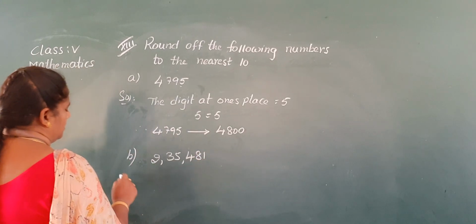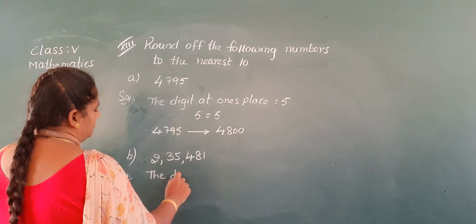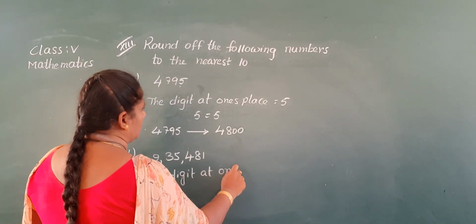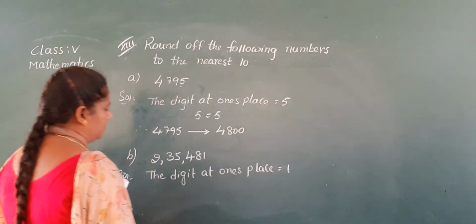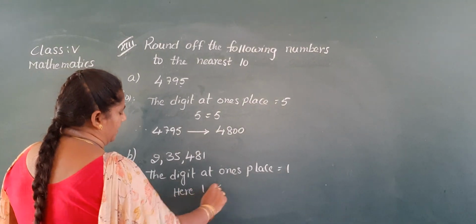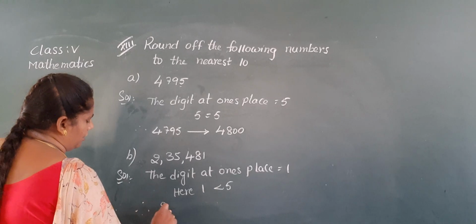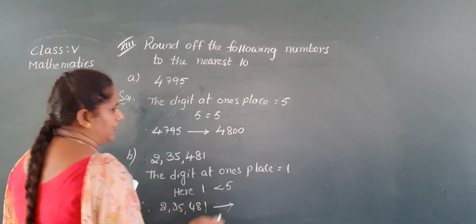2,35,481. So, here also the digit at ones place is equal to 1. Okay, so here 1 is less than 5. So this number is rounded down. Therefore, 2,35,481 is rounded down.